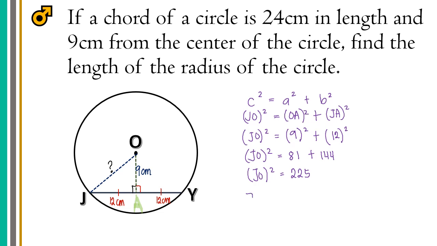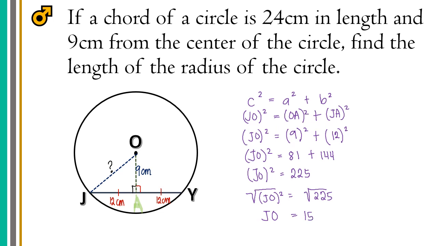As you can see, we still have JO squared, so this is not yet the final answer. Let us get the square root of both sides of the equation. The square root of JO squared is JO. And the square root of 225 is 15.